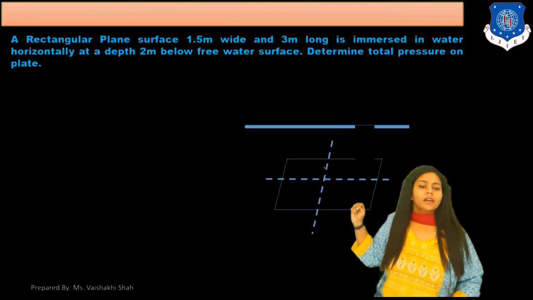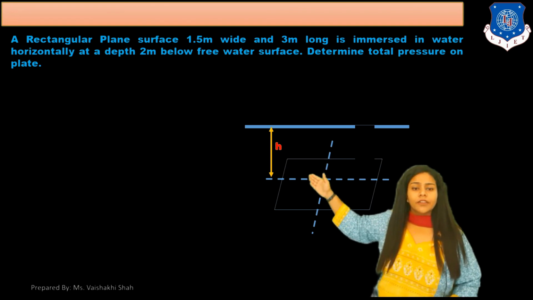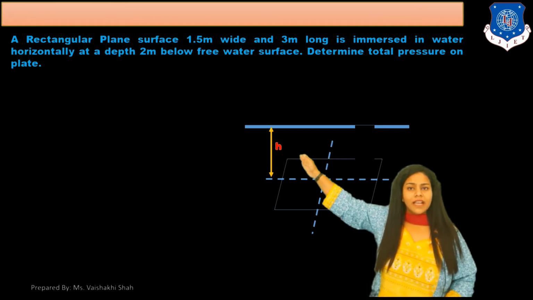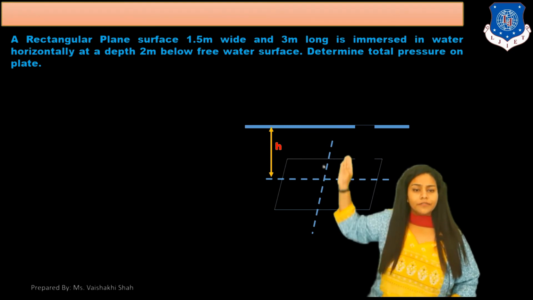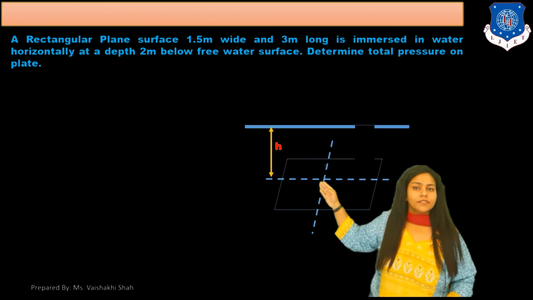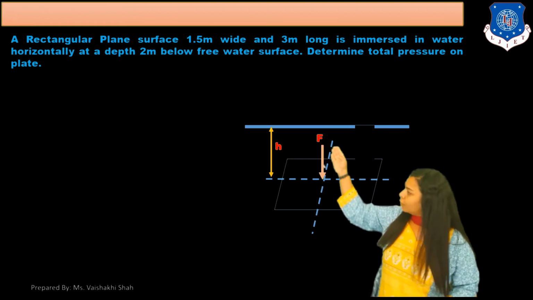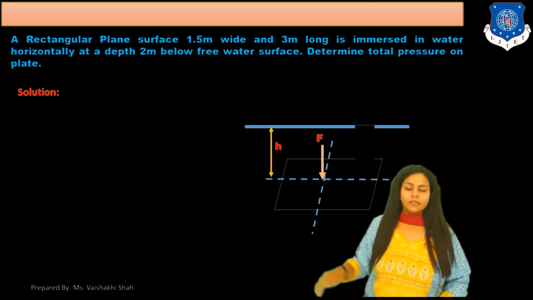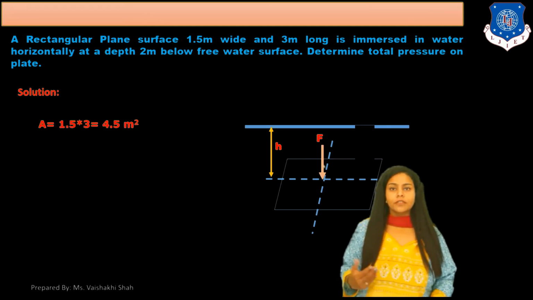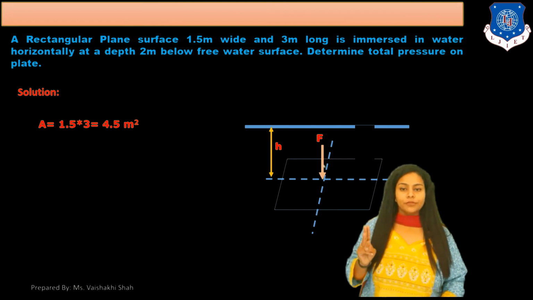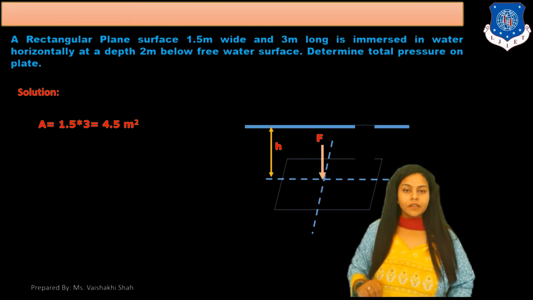This is your distance h bar, the distance from free surface to center of gravity, and this is your center of gravity. So to find out total pressure force, first of all the area of this plate is 1.5 into 3, which is 4.5 meter square.